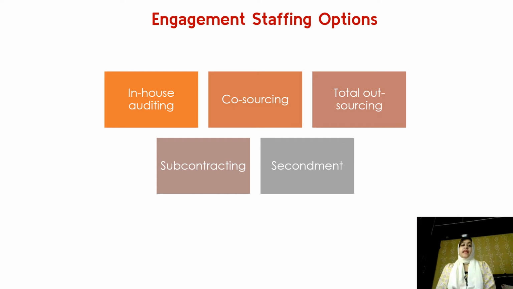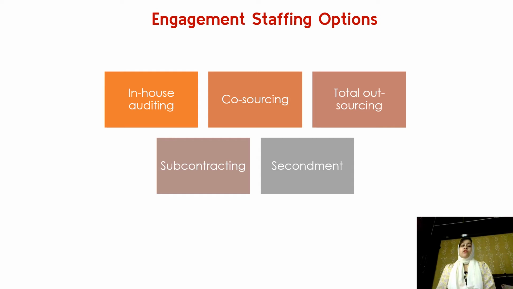Now comes the point of engagement staffing options. Staffing means recruitment, selection, development and deployment of resources for the internal audit department, and there are several staffing options available. For example, in-house auditing, which is a dedicated internal audit team within an organization. Another option is co-sourcing, which is a combination of internal staffing and external specialists.